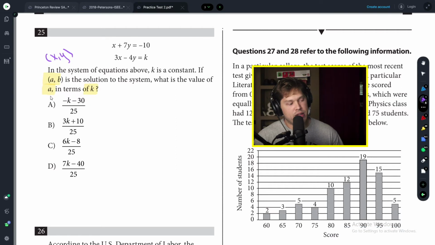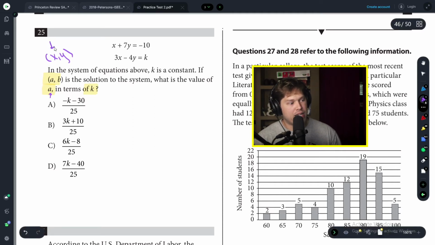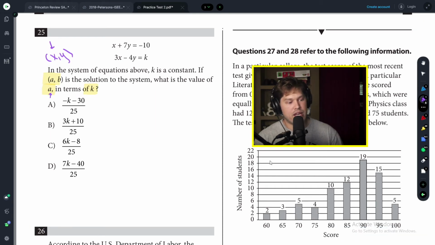We're asked for A in terms of K. So we're looking to solve for our x value. That's very important because you can do a lot of work and accidentally solve for your y value. So we want to solve for our x value here because we're asked about A in terms of K.